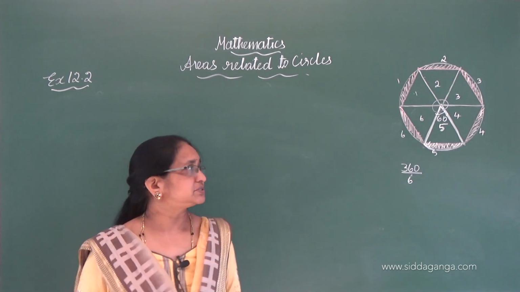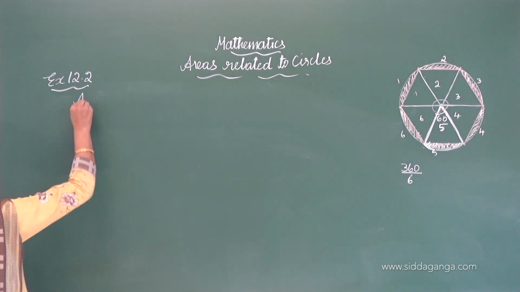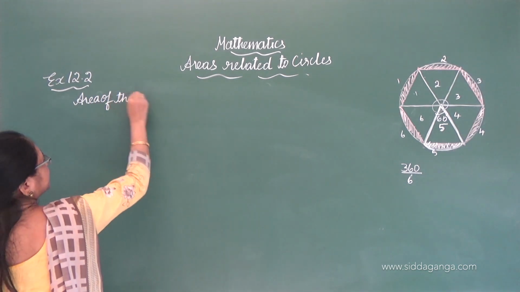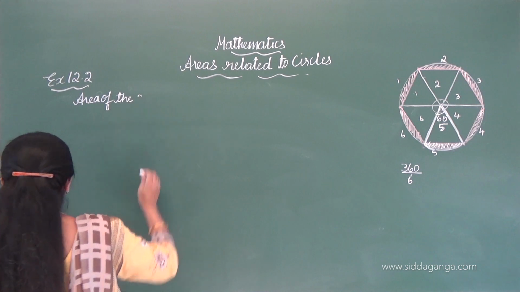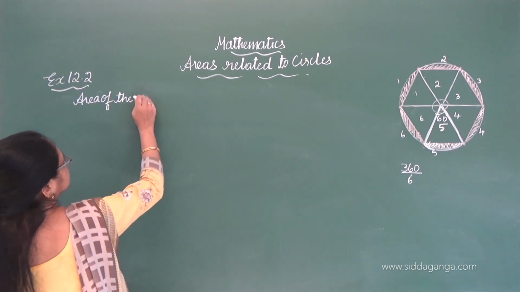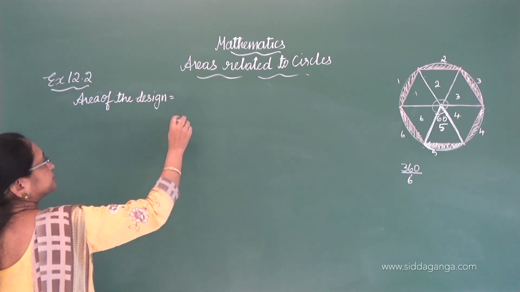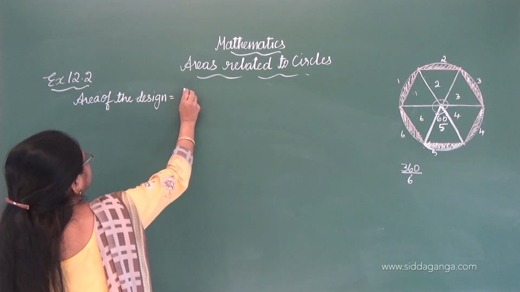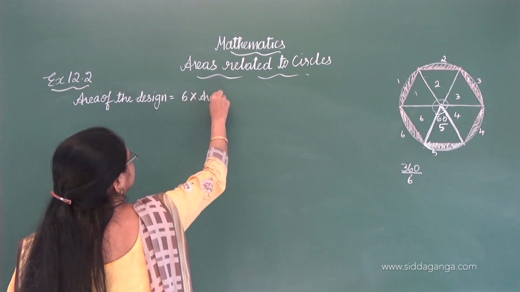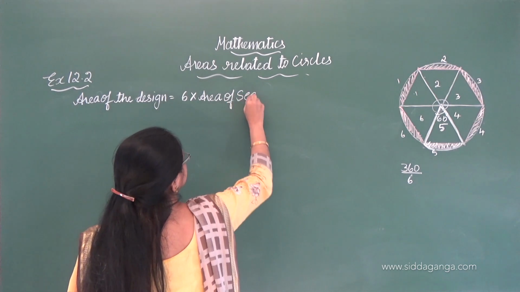So, let us do it stepwise. First let us write: area of the design, or area of the shaded part, is equal to 6 into area of segments.